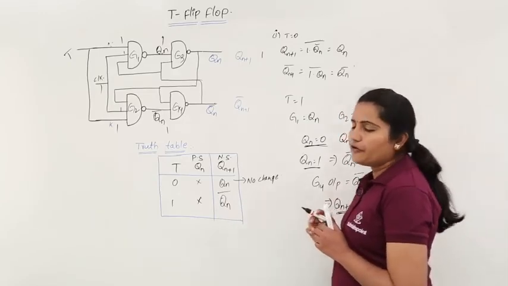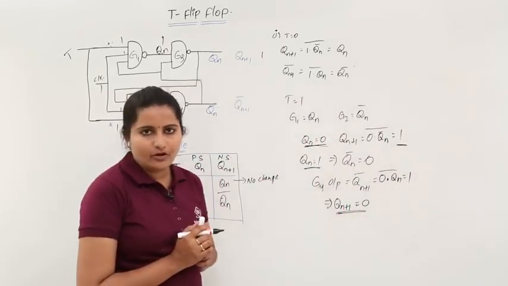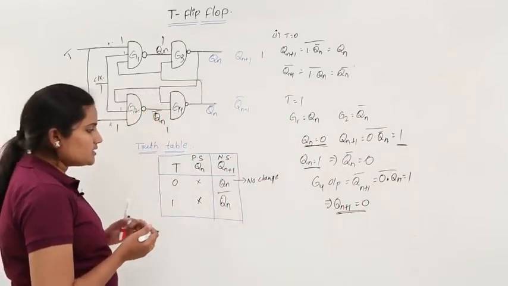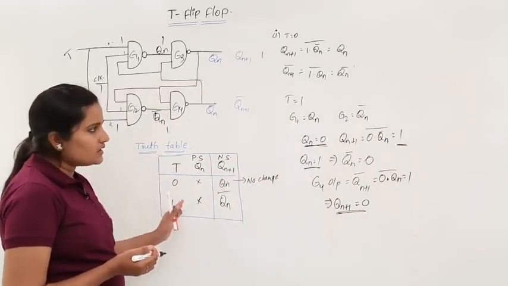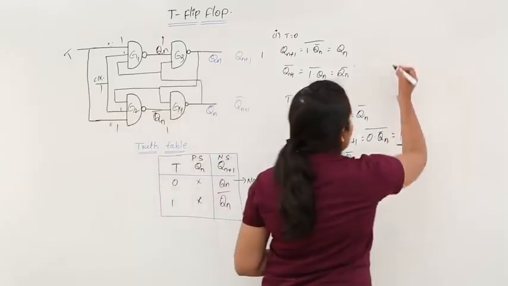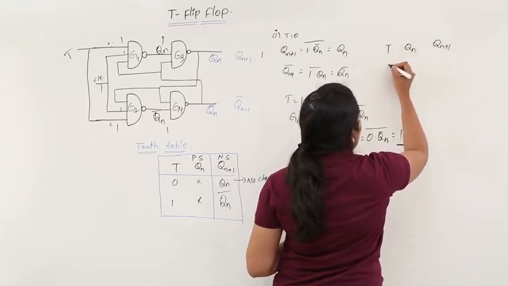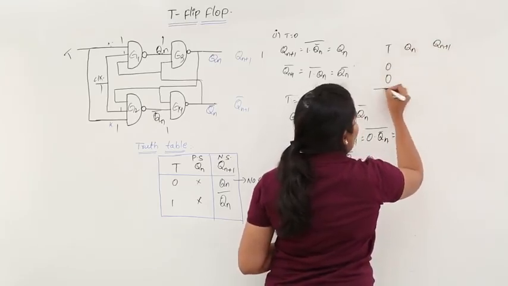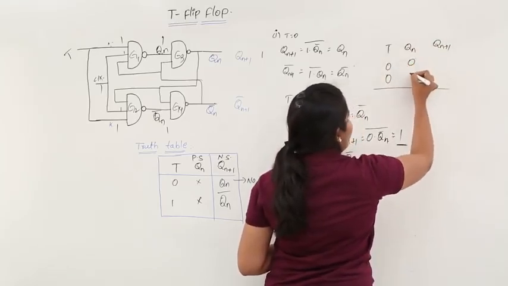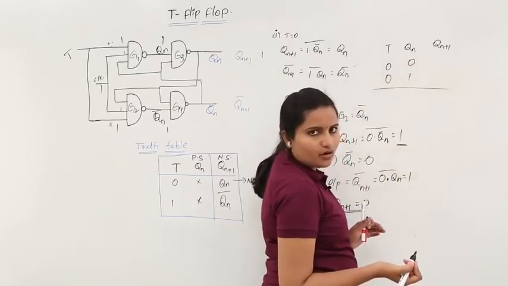Now if you want the expression for the T flip flop, then I am simply enlarging this truth table. So, that means T, Qn, Qn plus 1. In the 0 case of T, your Qn value may be either 0 or 1.